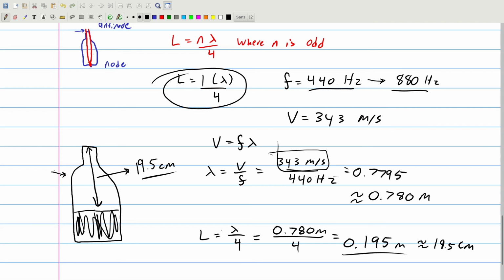So this could also be, if our pitch is 880 hertz is our frequency, that height could be 0.0974 meters. Okay, so let's try this out and see if it works.